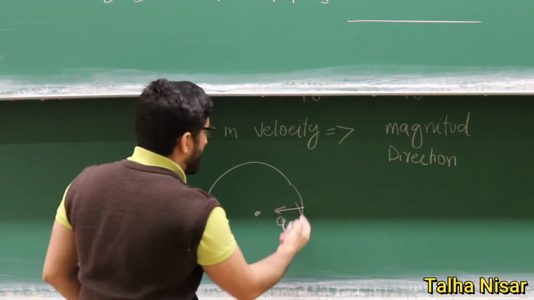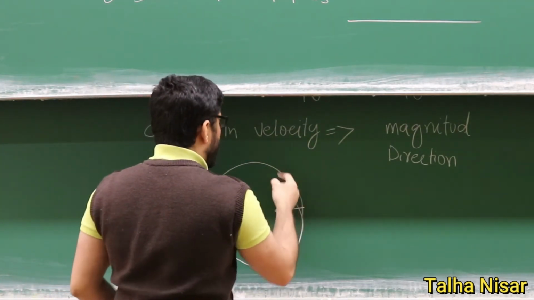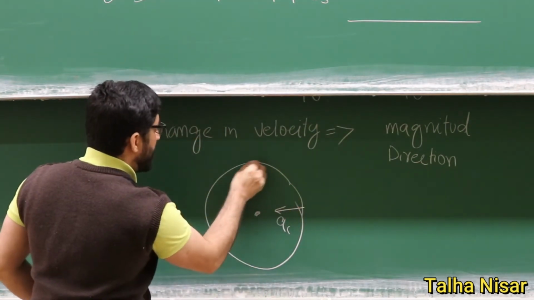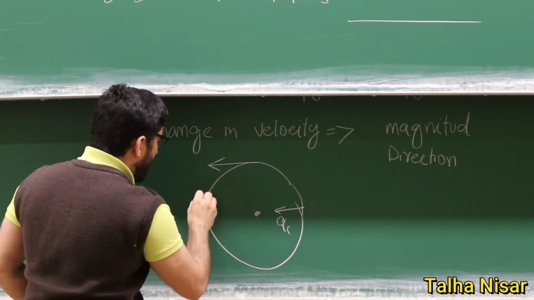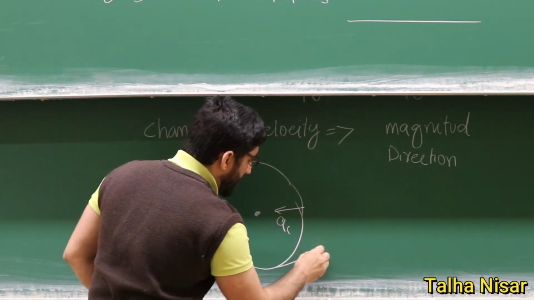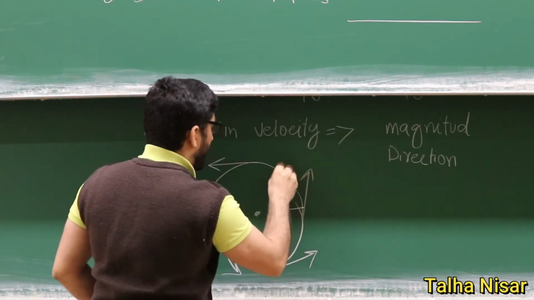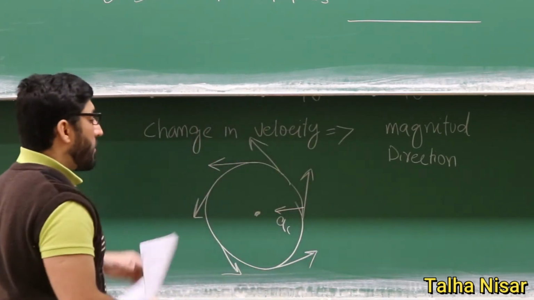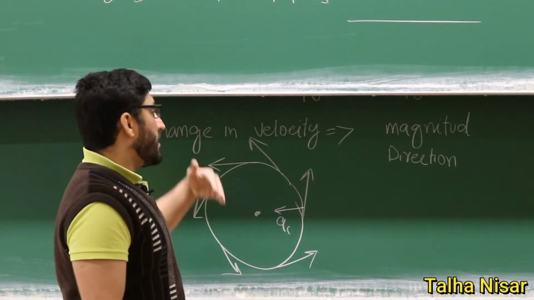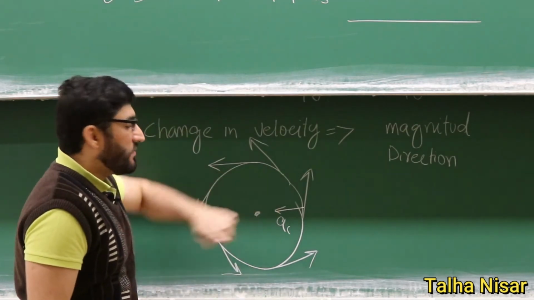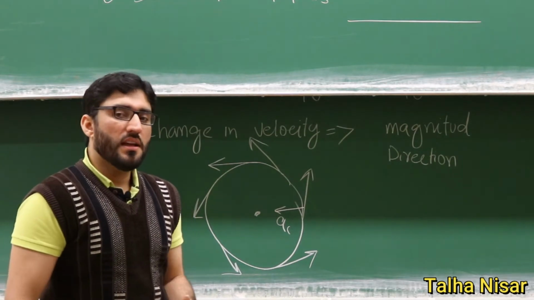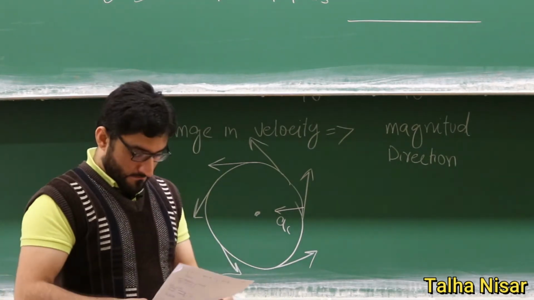For example, the speed is 5 meters per second throughout this trajectory, but we can clearly see that at each and every point the velocity is changing. So even if only the direction is changing, we will have the acceleration. In this case, we have the centripetal acceleration. We will discuss the centripetal acceleration later in this course.